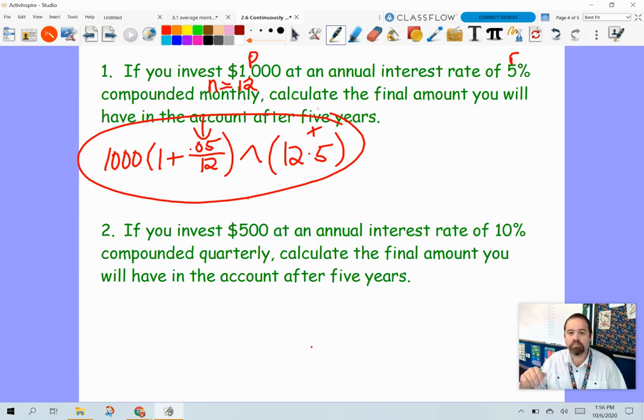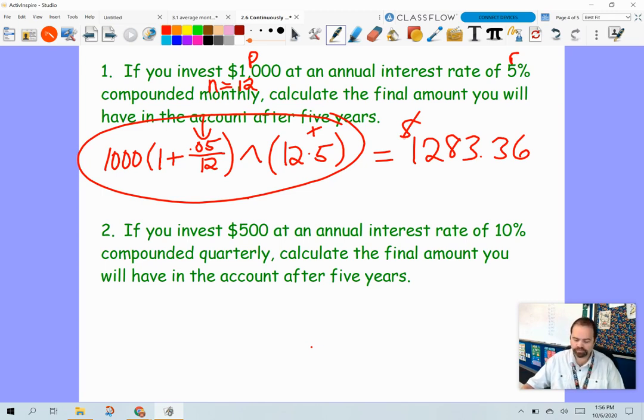If you try and skimp and not use the parentheses, a lot of times you'll only be calculating a portion of the answer. So my end result was $1,283.36. Make sure you're rounding these correctly, 2 decimal places since we're talking about money.